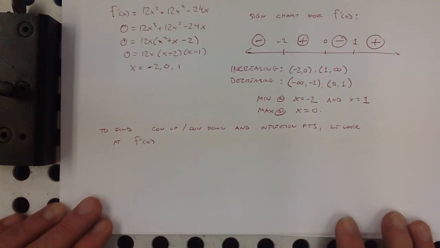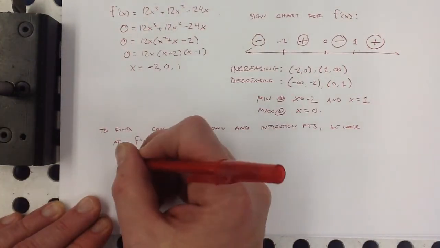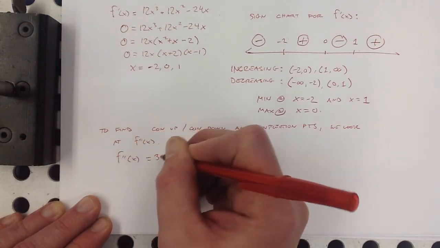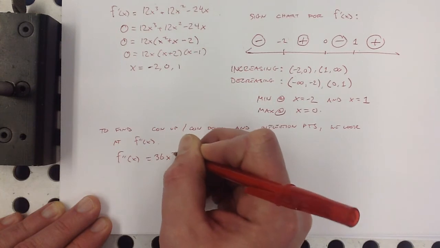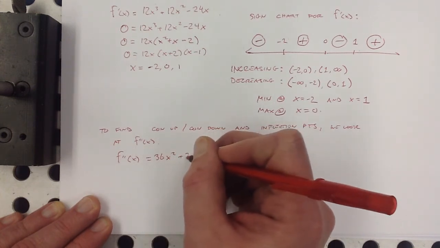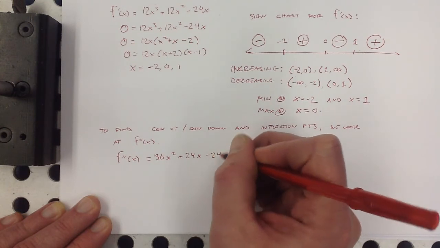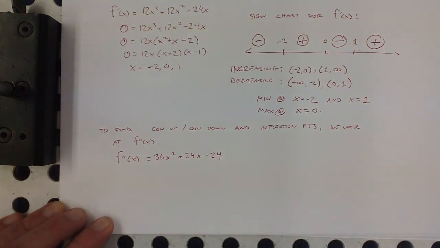So let's see, there's the derivative. So the second derivative is 36x squared plus 24x minus 24. Right?